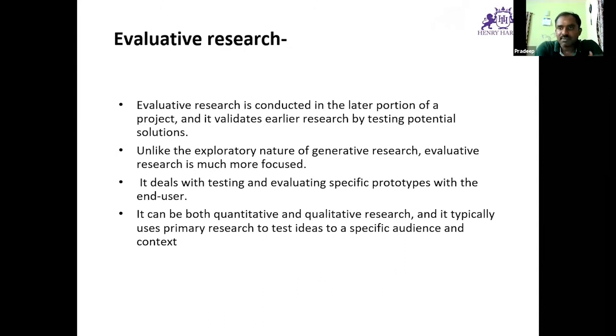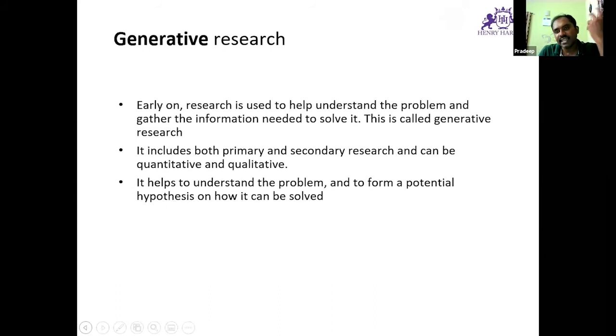When it comes to generative research, we can have primary as well as secondary data, because that kind of data may already be available with other people. There are a lot of research organizations like Nielsen and Gartner that might have done a lot of studies, and we can use that.